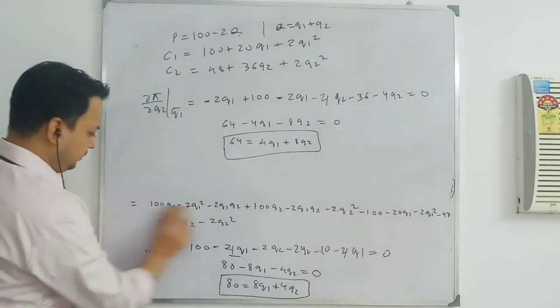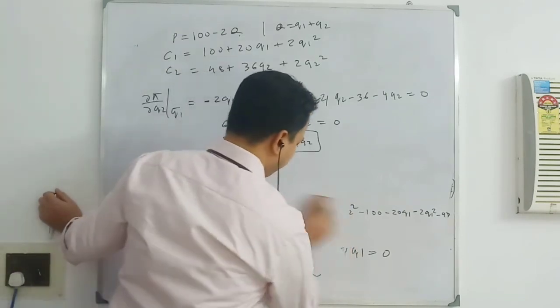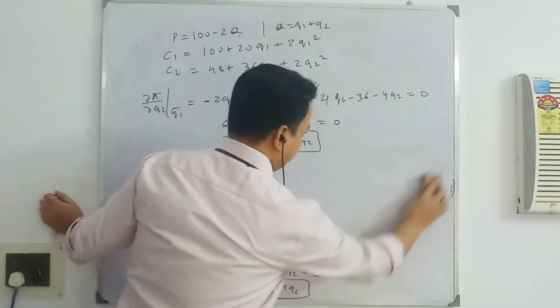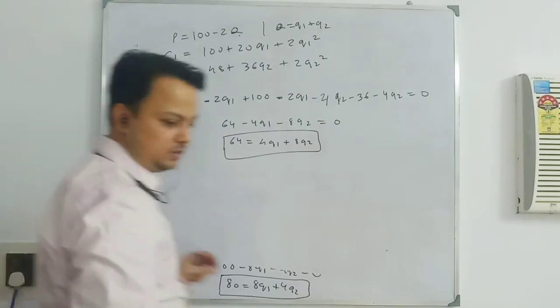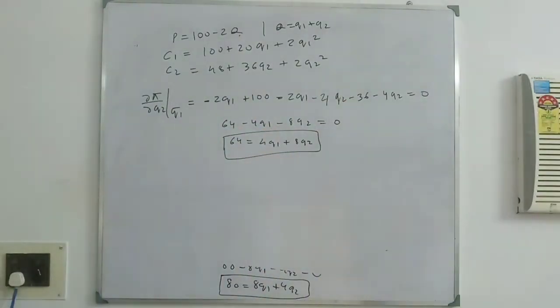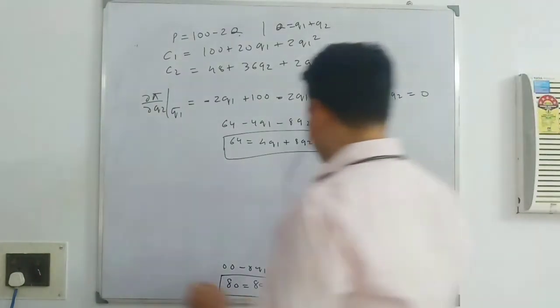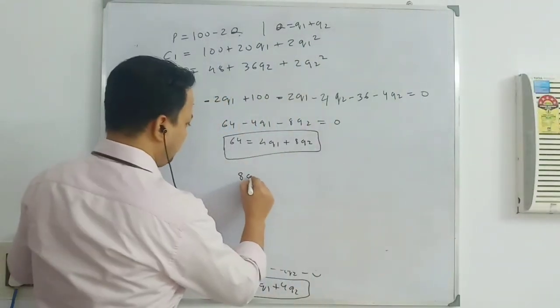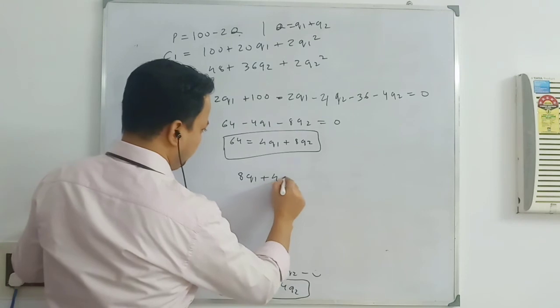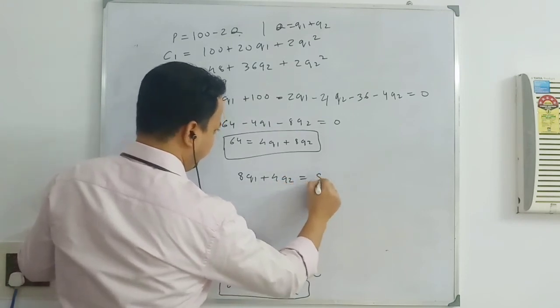I have this part. So you have 8q1 for firm 1 plus 4q2 equal to 80.